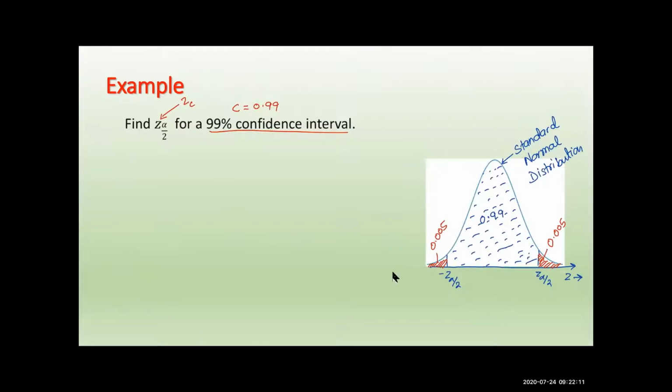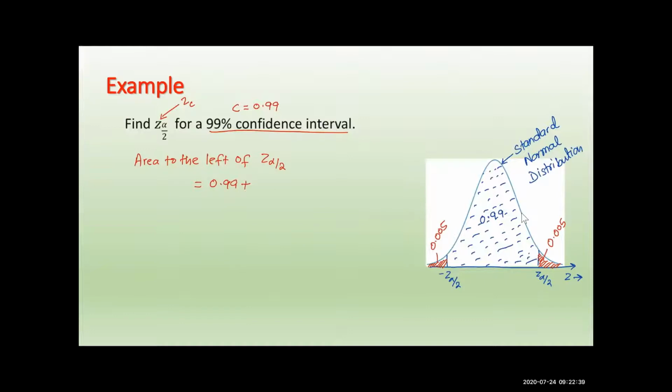So now you can write that area. Area to the left of z alpha over 2 is equal to, you can see here, from here up to here, the area is 0.99.